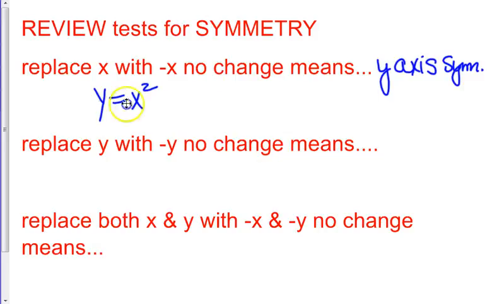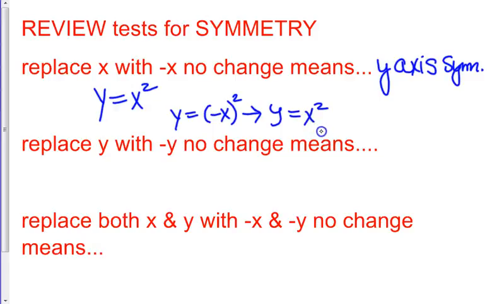So if it showed this, you would have to also show this. It's multiple choice. You don't have to do anything. You just have to pick that they did the right thing. They've replaced the x with a negative x and showed that it stayed the same.